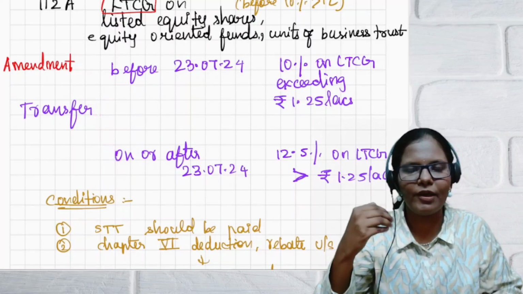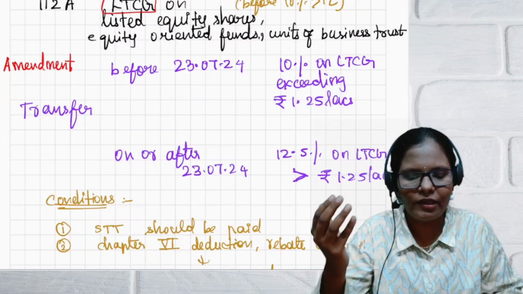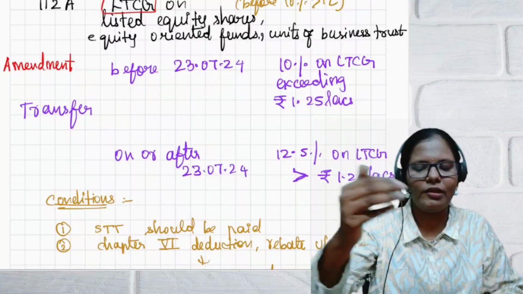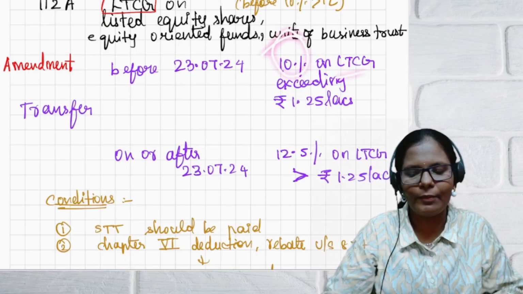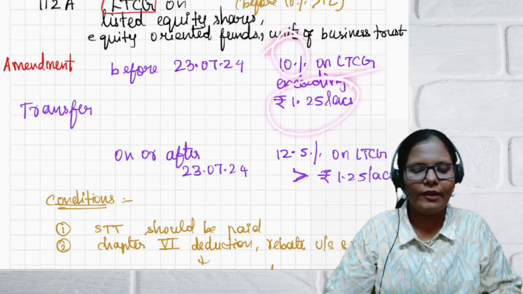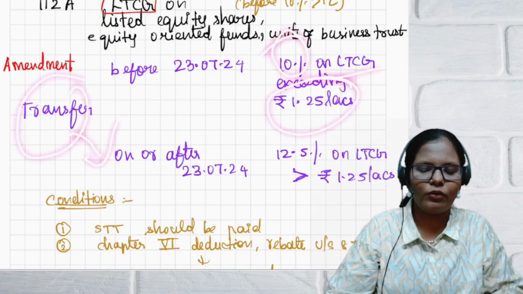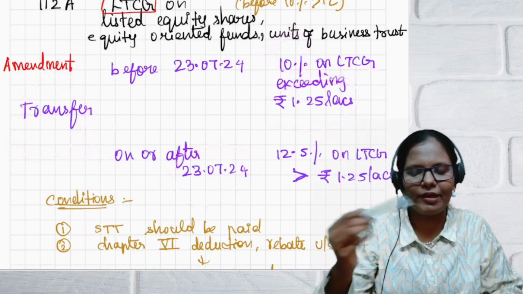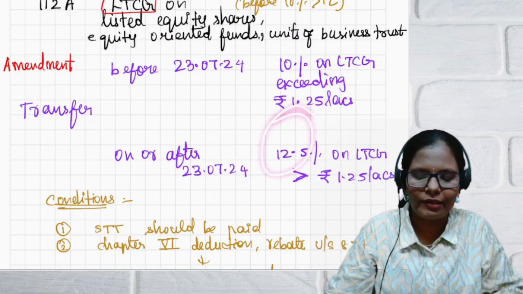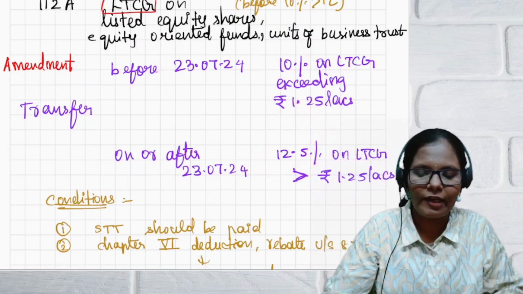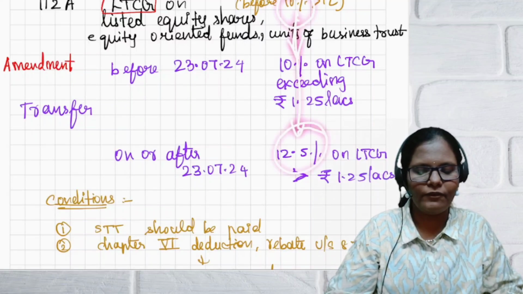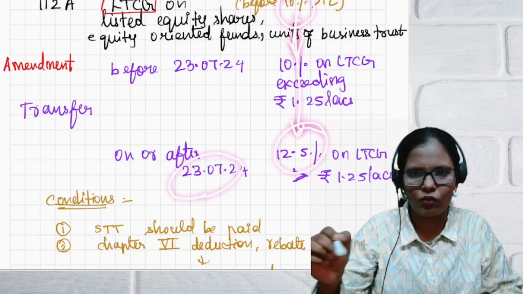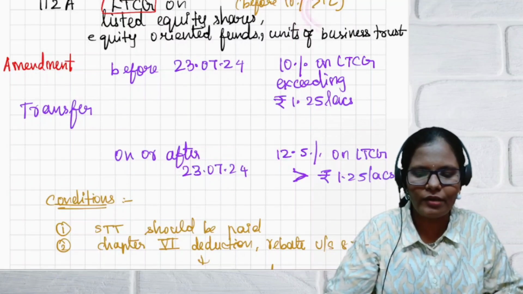If we have transferred our listed equity shares before 23/7/2024, then tax will be 10% on capital gain exceeding 1.25 lakhs. If transferred on or after 23/7/2024, then our tax will be 12.5% exceeding 1.25 lakhs. This 10% has been increased to 12.5% if we have transferred after 23/7/2024, and this 1 lakh limit has been increased to 1.25 lakhs.